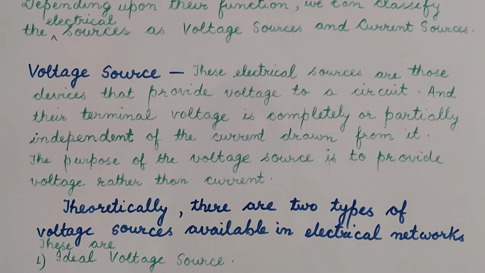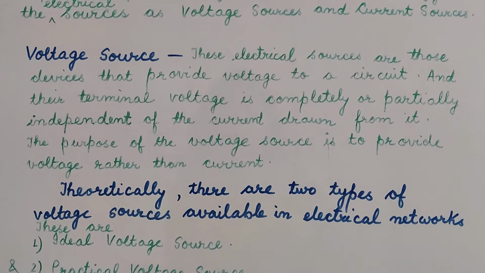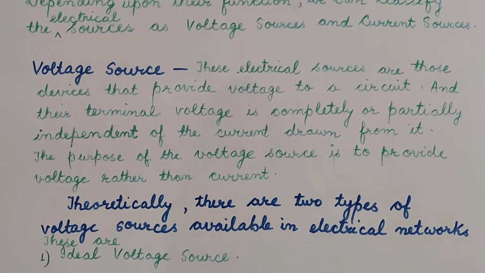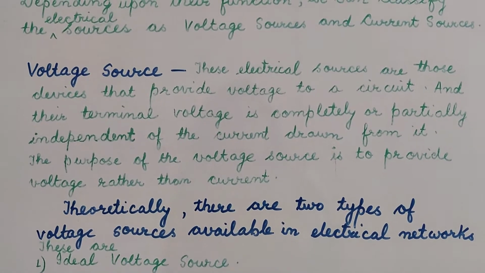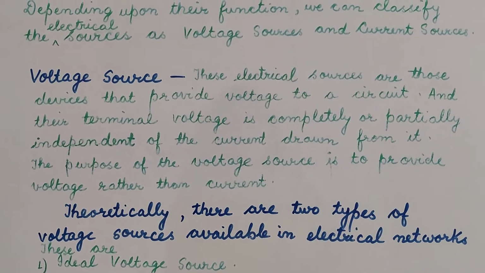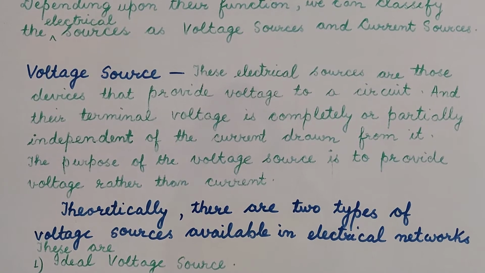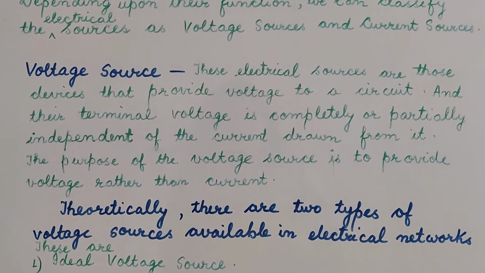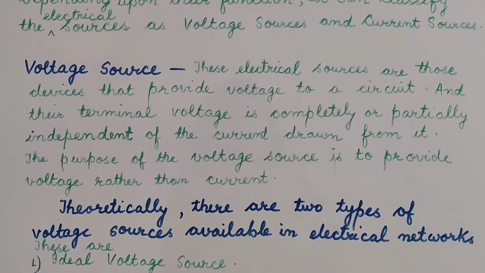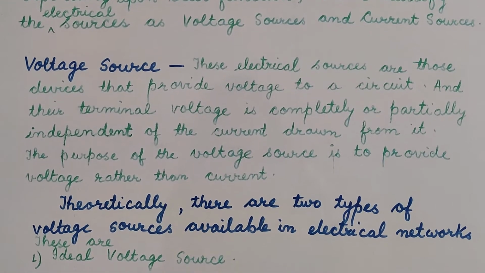So as we have seen earlier that the voltage source and the current source are active elements. A voltage source is a type of electrical source. So we can say that the voltage sources are those devices that provide voltage to a circuit.